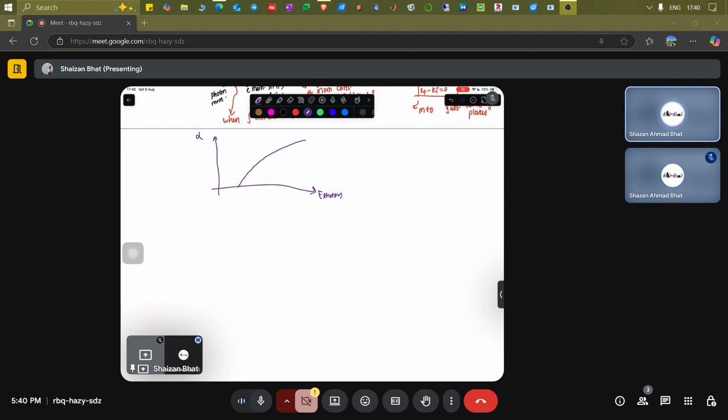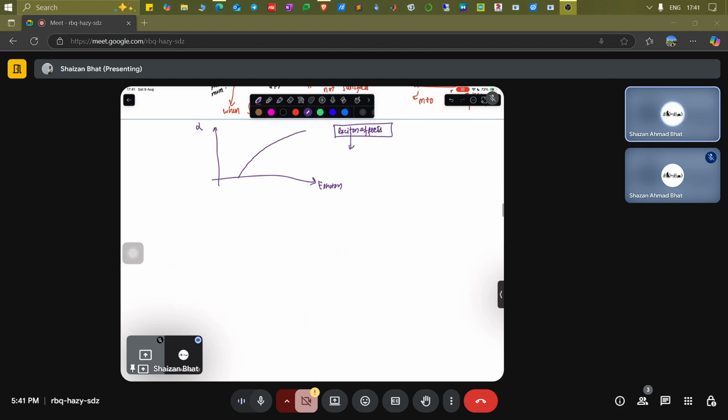what is going to happen is that you can have certain effects, something called excitonic effects in semiconductors. Now, what is an exciton? An exciton is like an electron hole pair which does not dissociate. It just acts like an atom in itself. So if you have a conduction band, if you have a valence band, and if you have a photon coming in, it generates an electron hole pair.